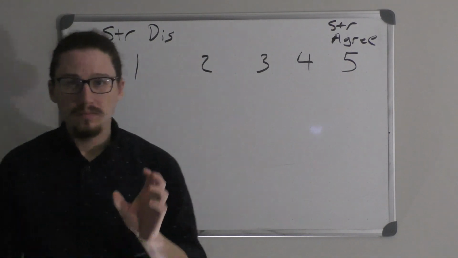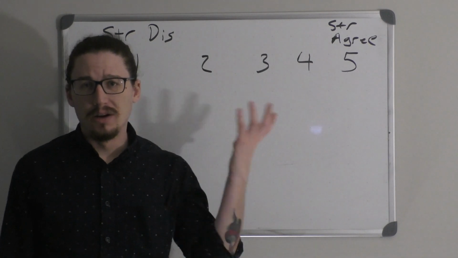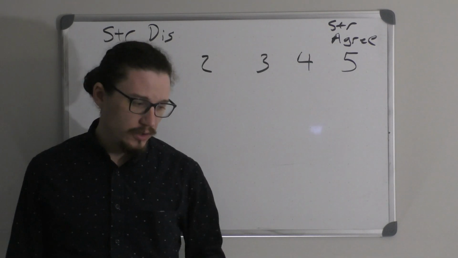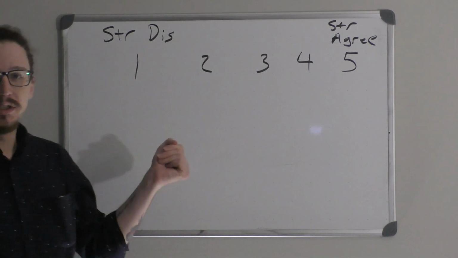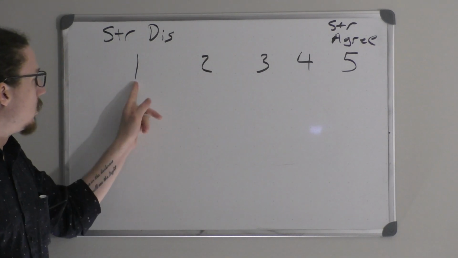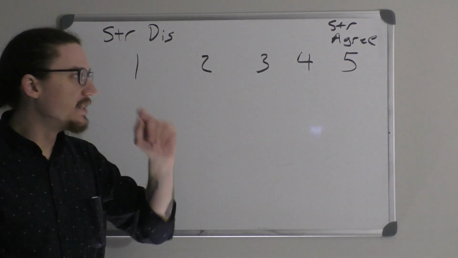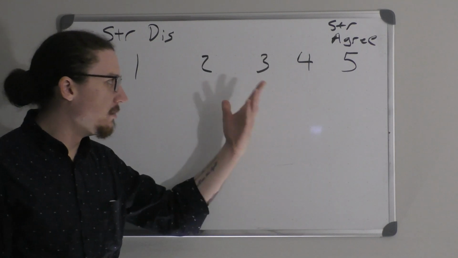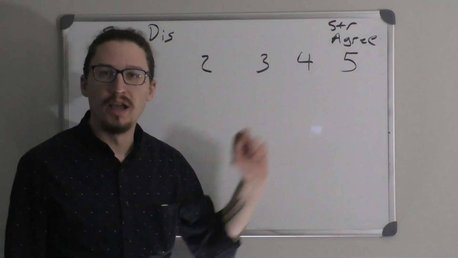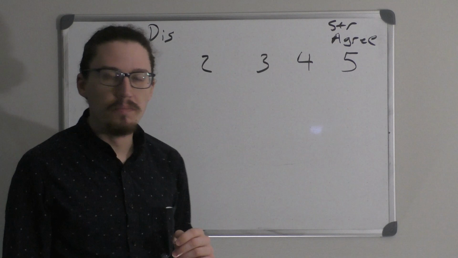When we're looking at a Likert scale, or really any ordinal data, the difference between 1 and 2 is not necessarily the same as the difference between 3 and 4.